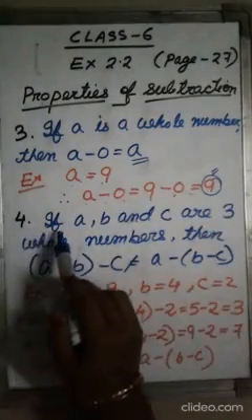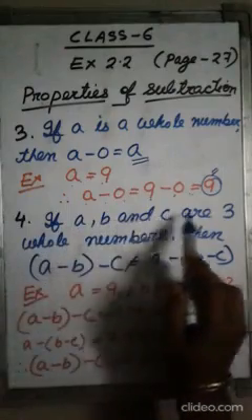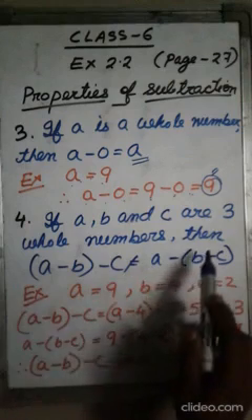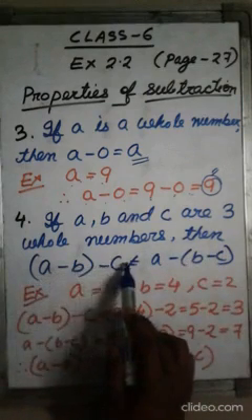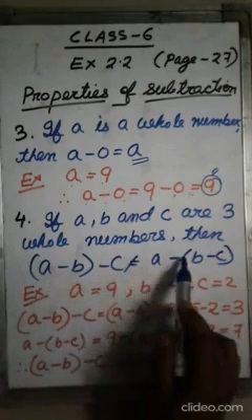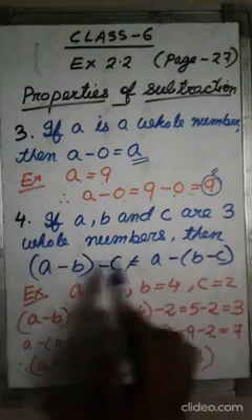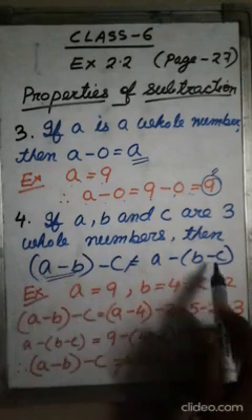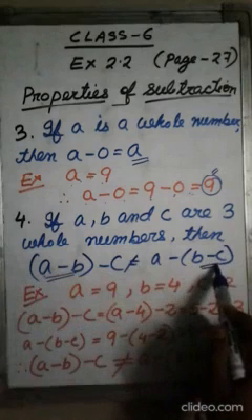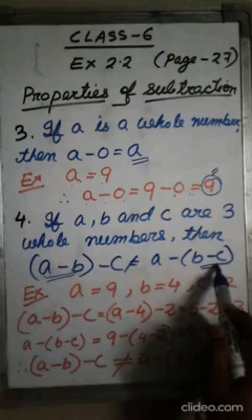Number 4. If A, B and C are three whole numbers, then (A minus B) minus C is not equal to A minus (B minus C). A minus B we have within brackets, and B minus C in the right hand side we have with brackets.